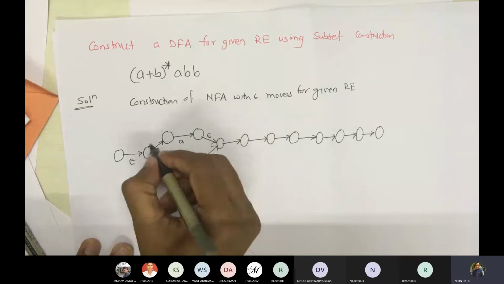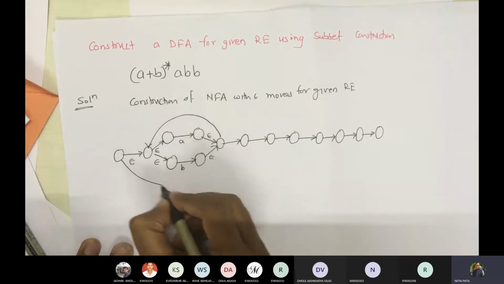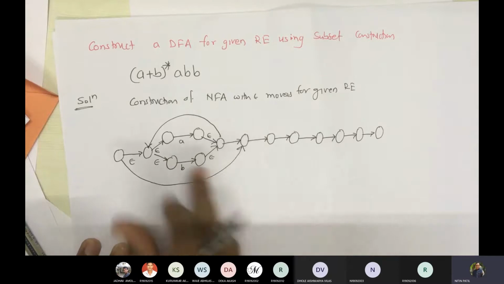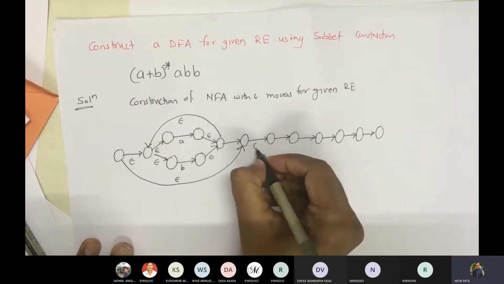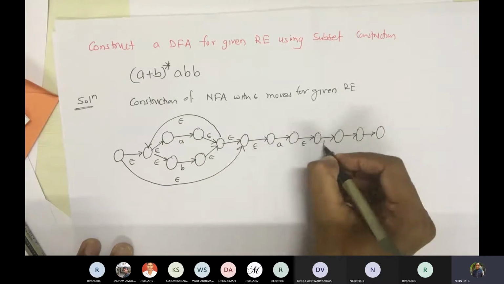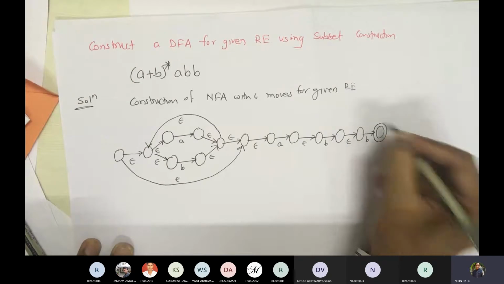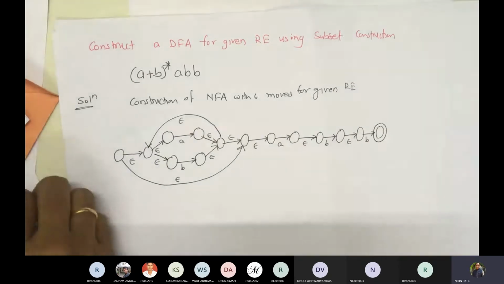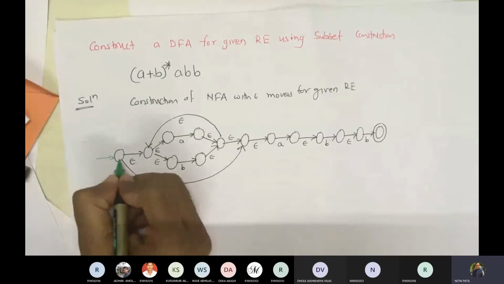Now, as this is (A plus B) star, we add epsilon transitions for the star as well, then A, epsilon, B, epsilon, B. We will make this final. Now we have to give numbers to these states. This would be our initial state.